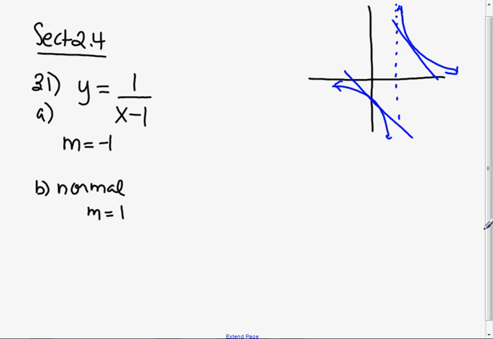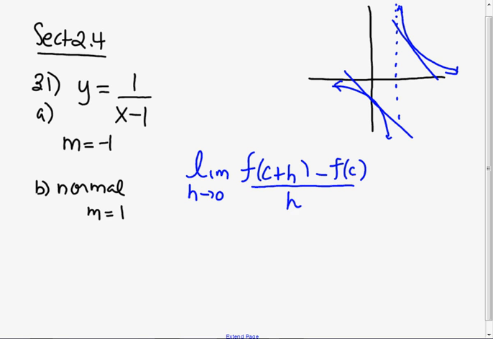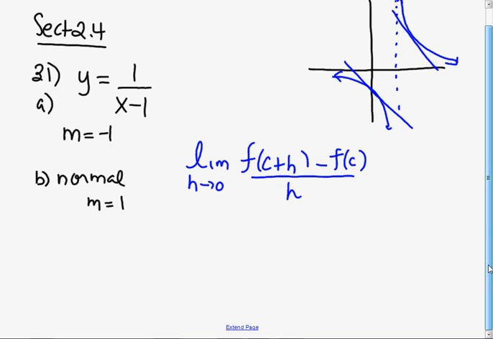Okay, ready? We have to find the derivative of this. So it's the limit as h goes to 0 of f of c plus h minus f of c, over h. I don't have the x value. Doesn't look like fun. Then you plug in.